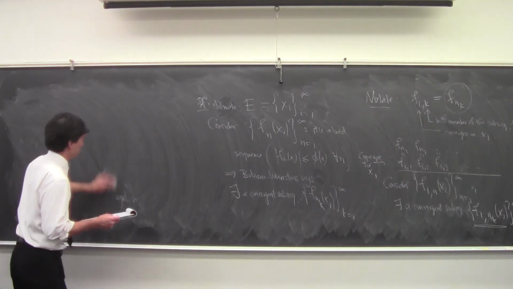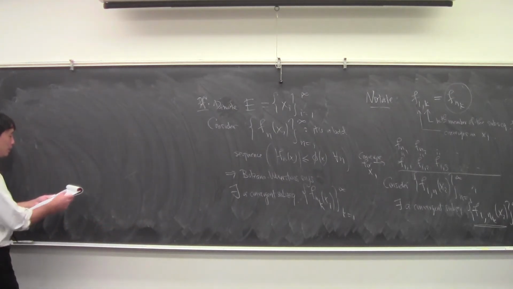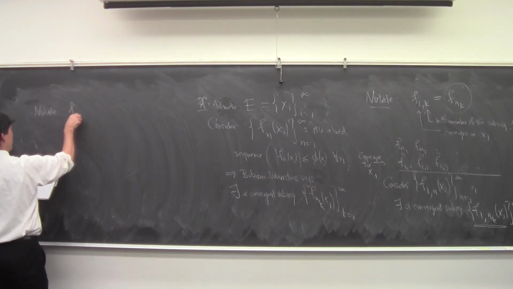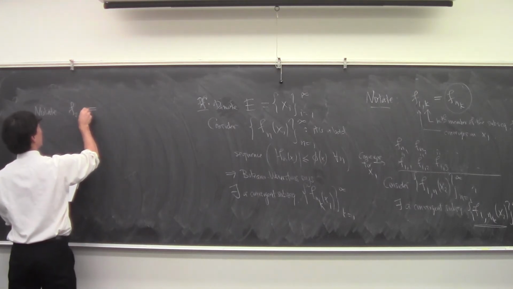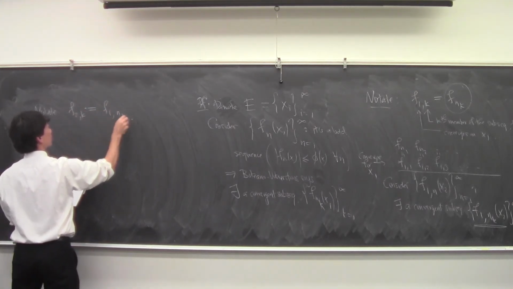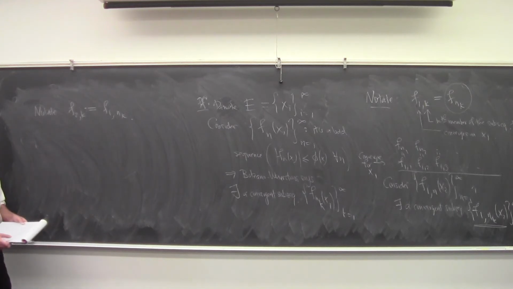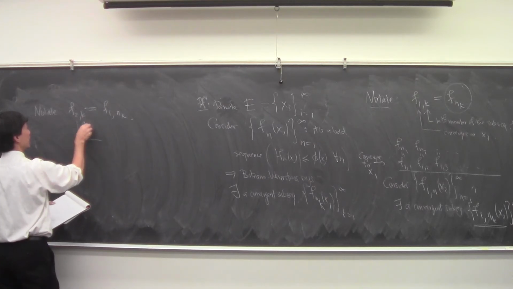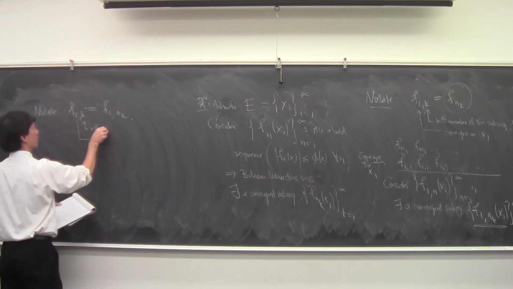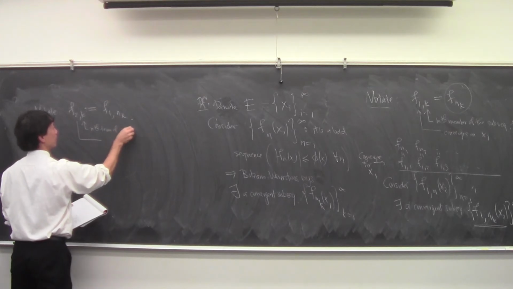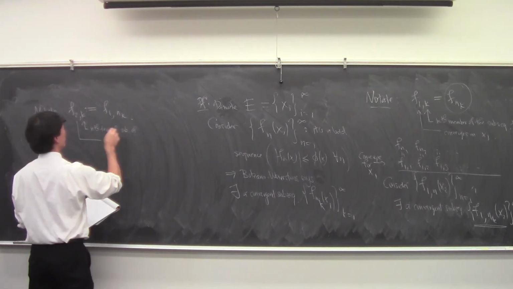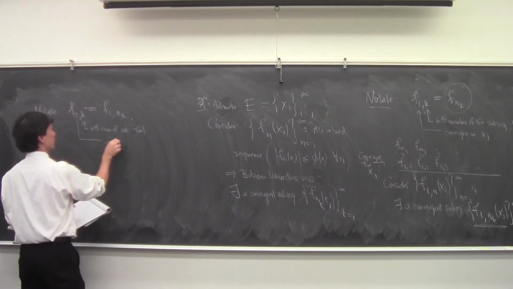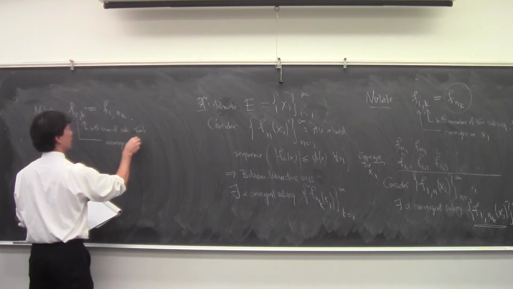So, as Edward has noticed, we're going to notate that guy F2k as F1_{n_k}. So this is the kth term of the subsequence that converges on x2.